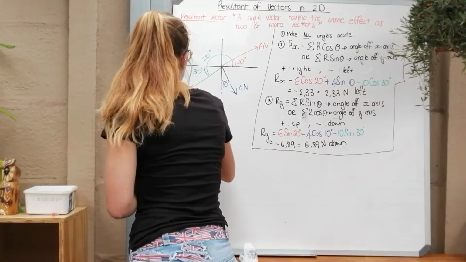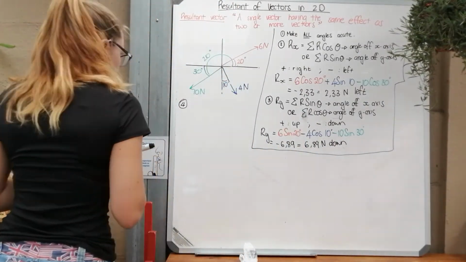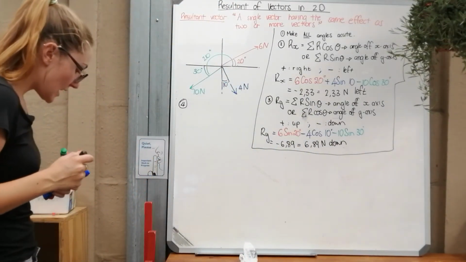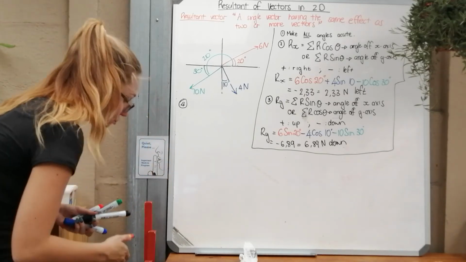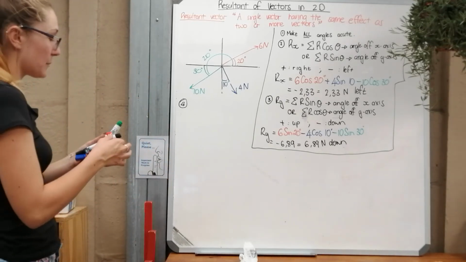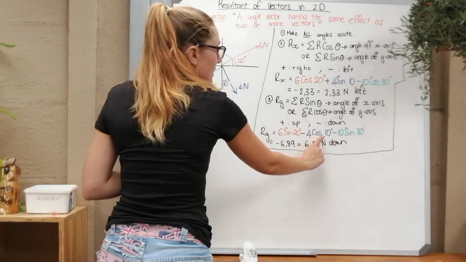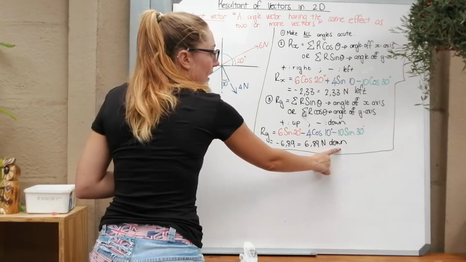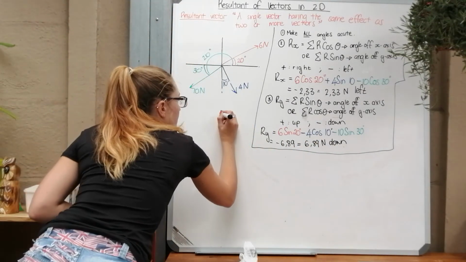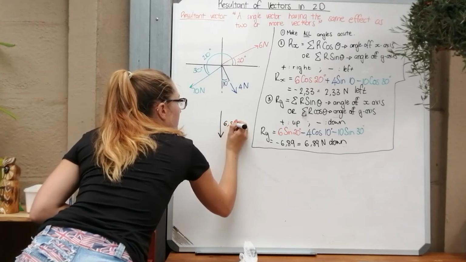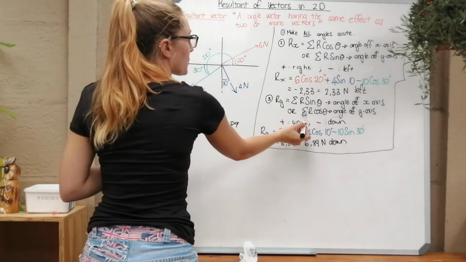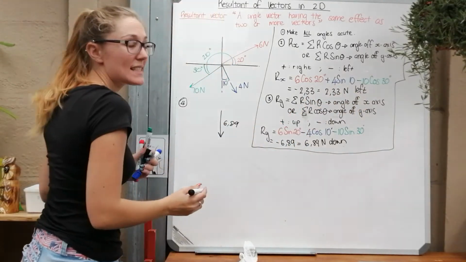Okay, step 4 is now it's a little bit easier. So step 4, you take your Ry and your Rx and you draw them in their own diagram. Okay, so our Ry is, here it is, 6,89 newtons down. And our Rx was 2,33 newtons left.